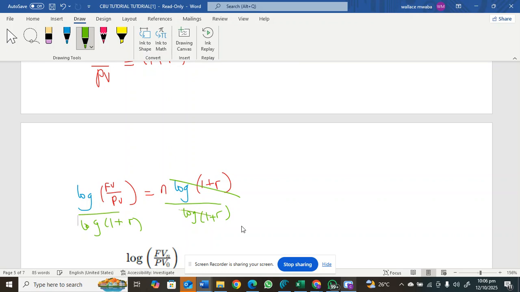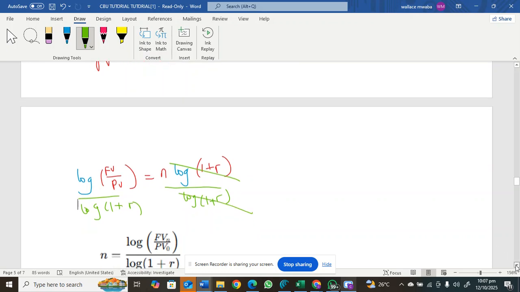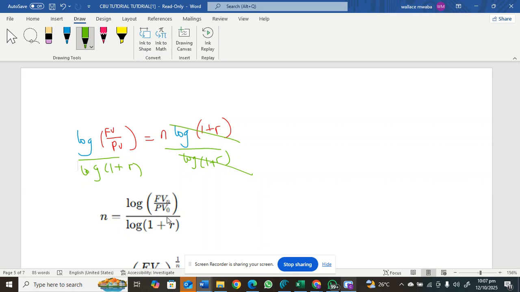So you cancel these, and then you remain with this formula here. n equals log of fv over pv, over log of 1 plus r.